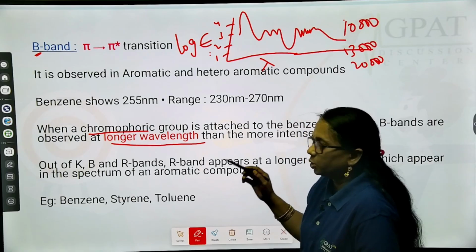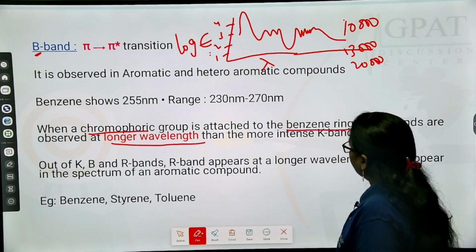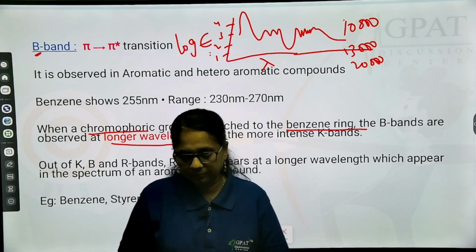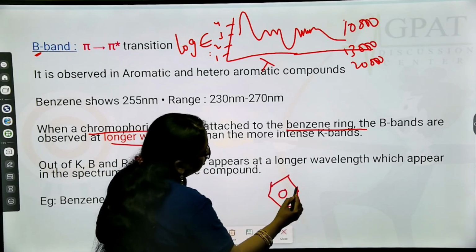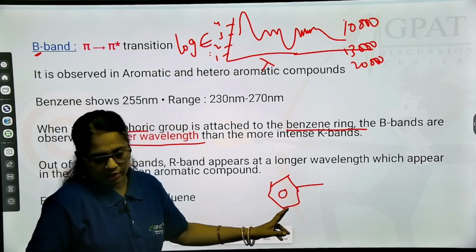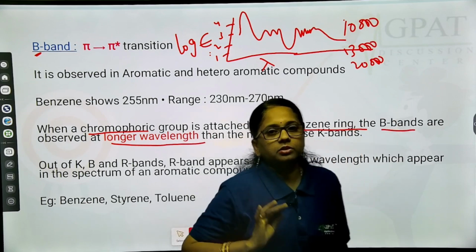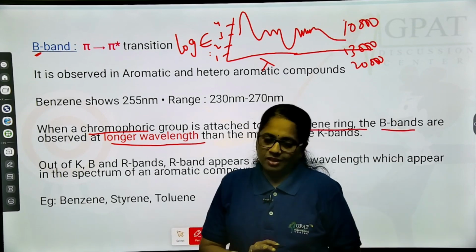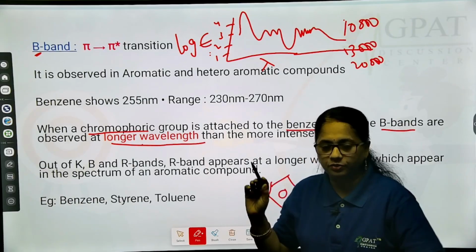When the functional group, which is a normal chromophore to any molecule, is attached to a benzene ring, then you are going to observe the formation of the B bands. Those B bands are generally observed at longer wavelengths.